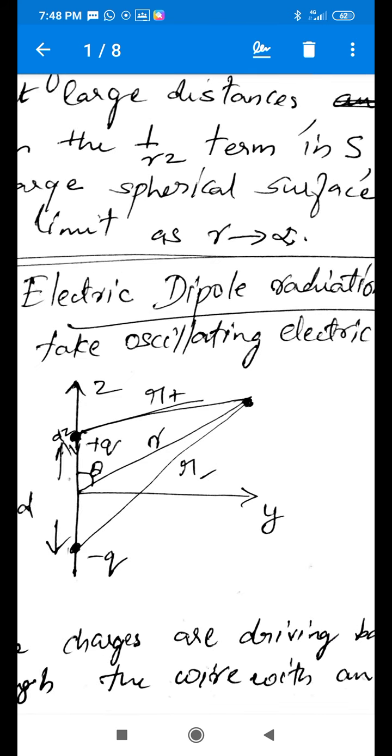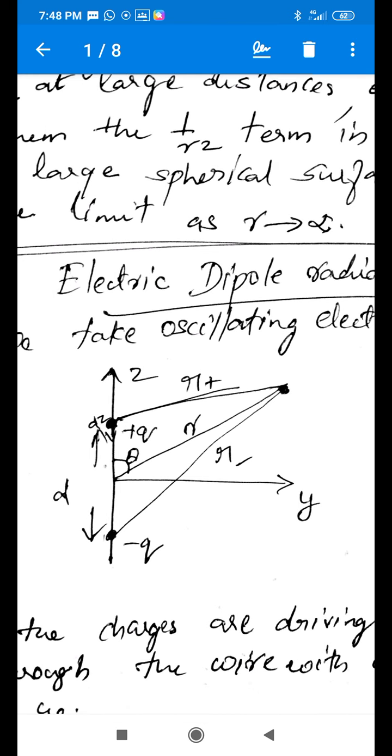So we have here on the z axis two charges placed, plus q and minus q, separated by a distance d, and at a distance r away from the origin we measure the electric field or magnetic field. So we measure the fields at that point, that is the field point.